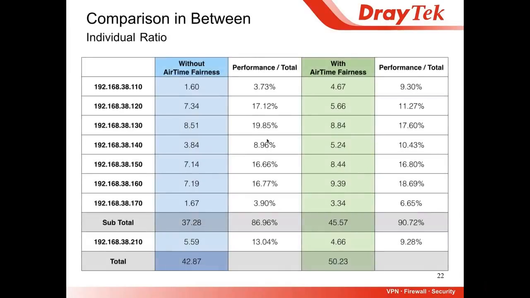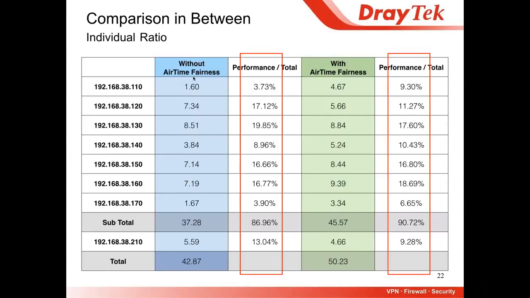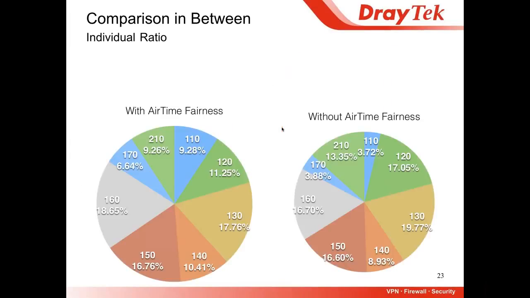Now we take a look at the individual performance ratio. That's these two columns. So let's draw the pie chart again. With airtime fairness versus without airtime fairness, I can say stations have more equalized performance.